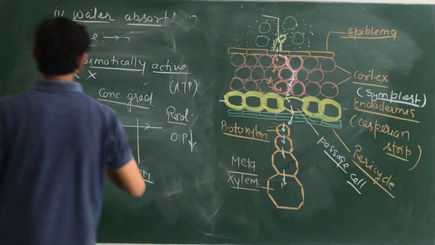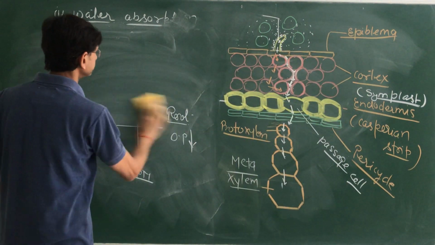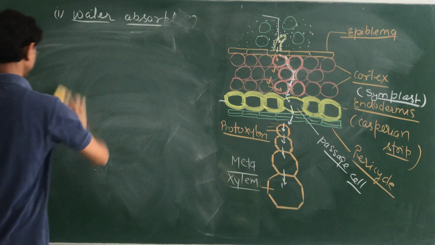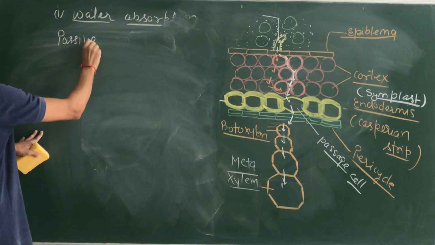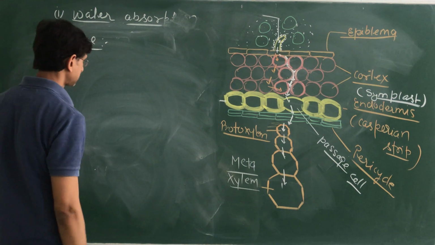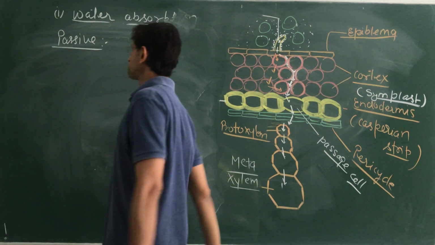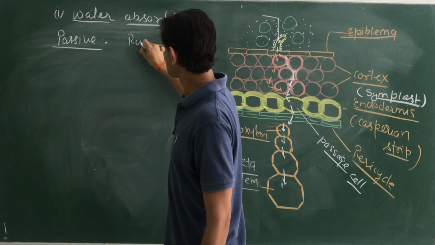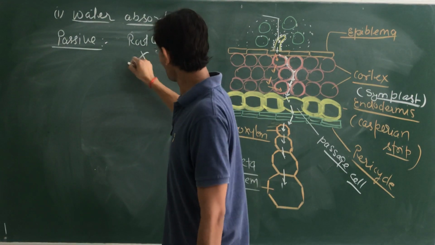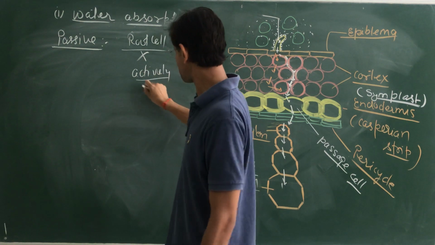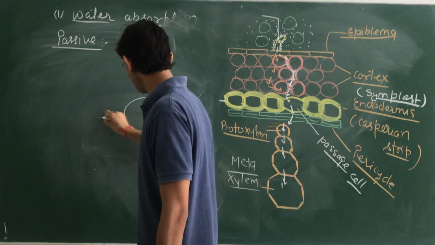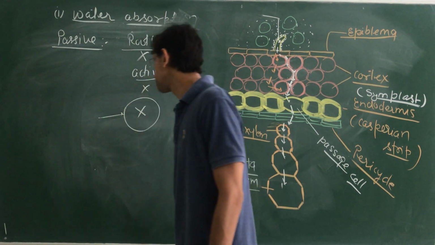Okay, so passive absorption. Passive absorption, as the name suggests, is the type of absorption in which root cells do not take part actively and in which water never enters into the root cell cytoplasm.